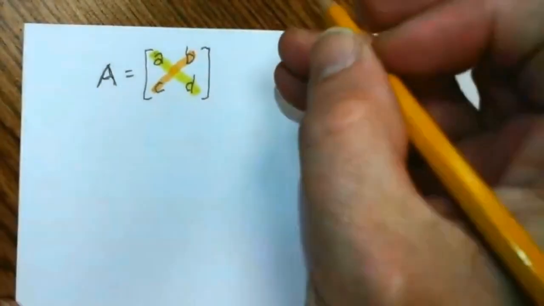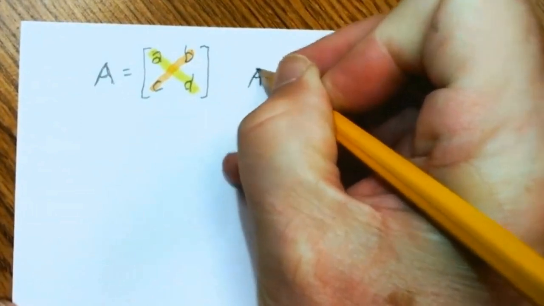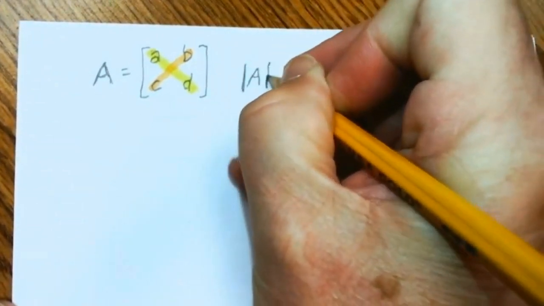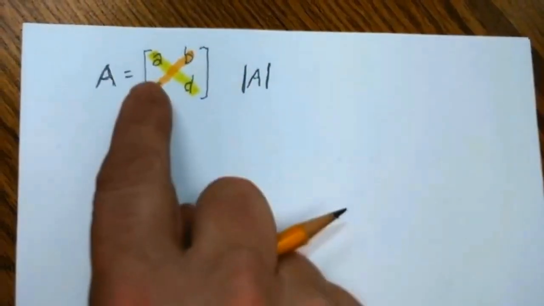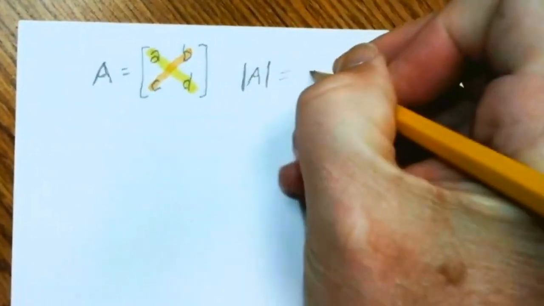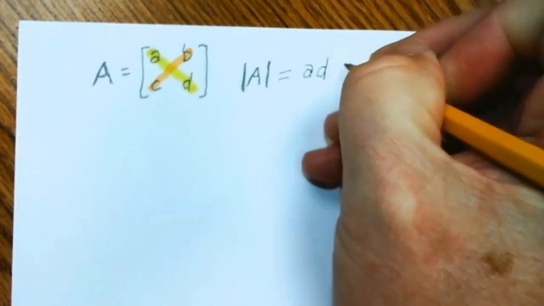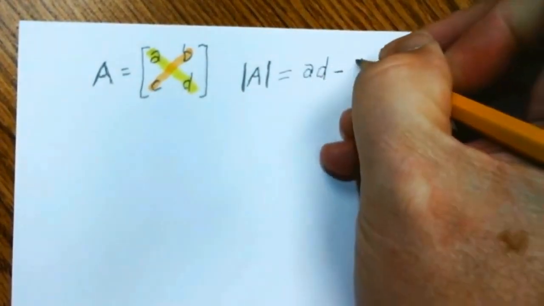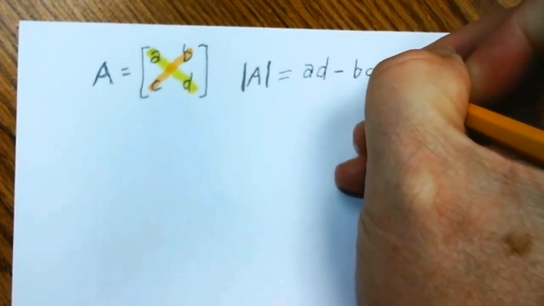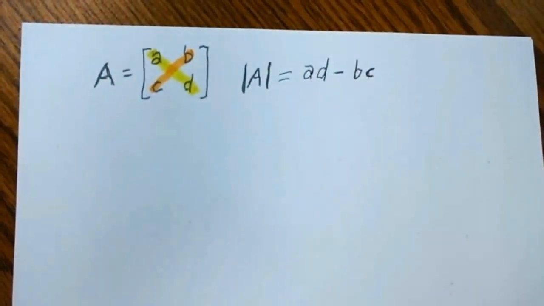So the determinant, we write the determinant like this. You put the absolute value symbol on the side. The determinant of this would be A times D minus B times C. That's what the determinant equals.